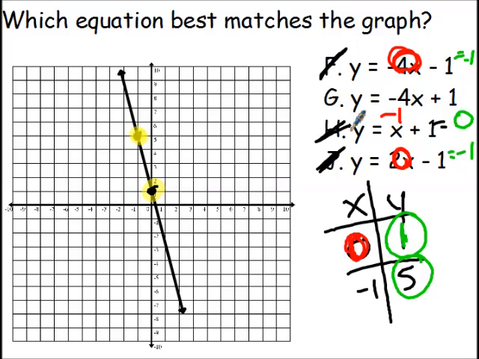So I have a -4 times a -1. -4 times -1. A negative times a negative is a positive. And 4 times 1 is 4, so I have 4 plus 1. And that will, in fact, give me 5, so my correct answer here is G.